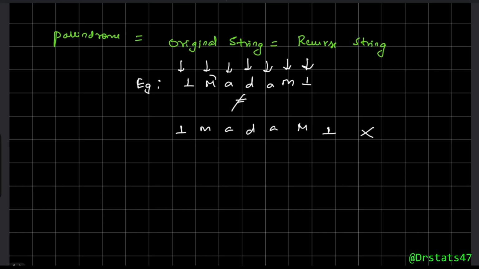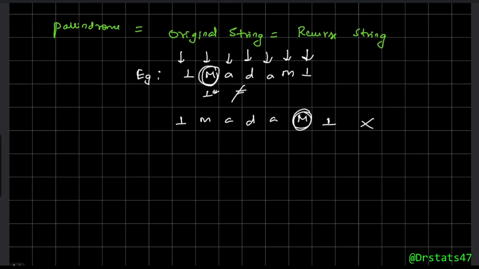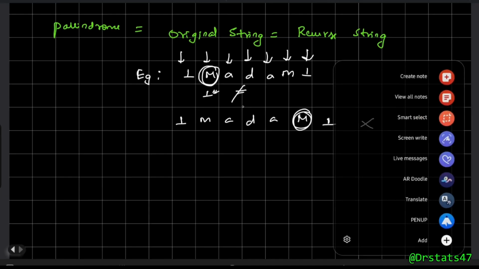Because the capital letter is in the first place in one, and in the other it is in the n minus 2 place. So what we can do is convert this into lowercase letters. All the letters should be in one particular format, either all uppercase or all lowercase. So let's see what we can do for this question.